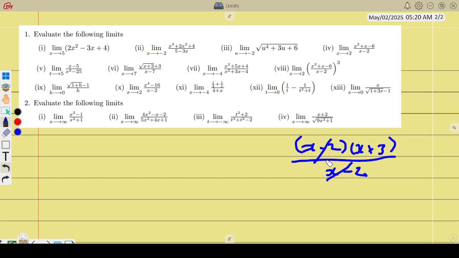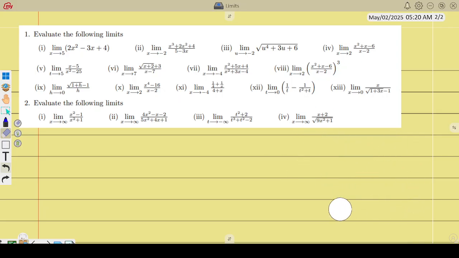So this will cancel, and then you are going to remain with x plus 3. Yeah, and then there's a cube root. So you put 2 plus 3, 5. The cube root of 5, the answer should be around 125. Oh, not the cube root. The third power. Yeah, cubed. So you just factorize and you proceed.